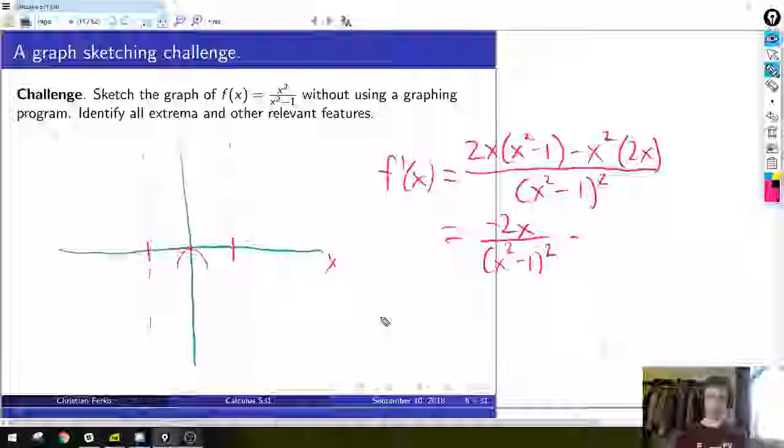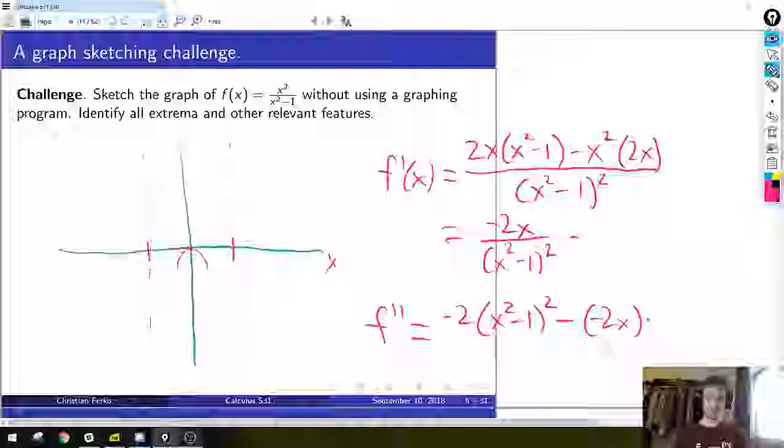Just for fun, let's take the second derivative to figure out concavity, to see what's going on outside these asymptotes. So what's the second derivative of this? This is going to be -2 times (x squared minus 1) quantity squared, minus -2x times, let's see, we're going to need the chain rule here.